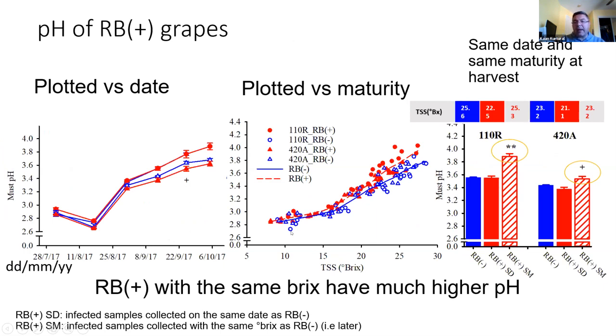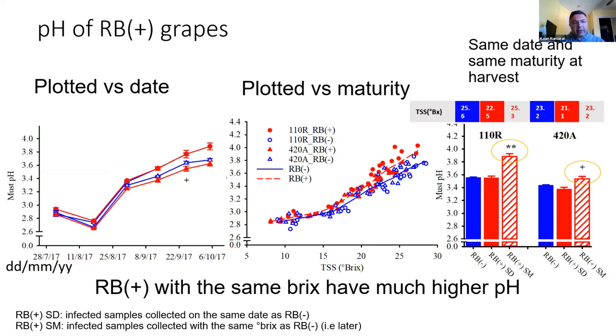If I plot against maturity, as you can see, as I'm dehydrating these on the grapevine, if I pick them on the same day, not much difference. If I wait till the red blotch positive grapevines reach the same maturity in brix, I end up with a much higher juice pH. It might not be as manageable as it previously was.